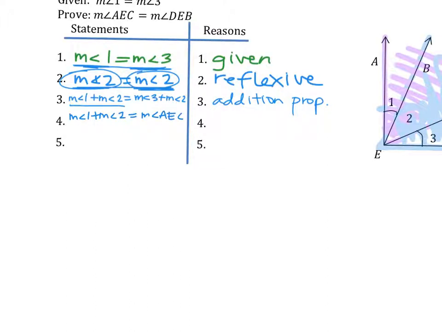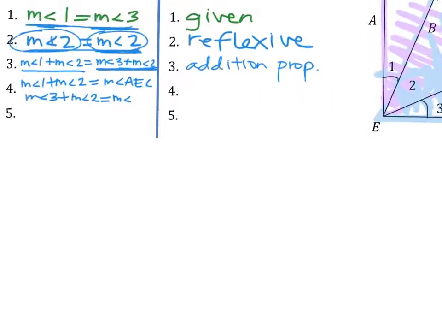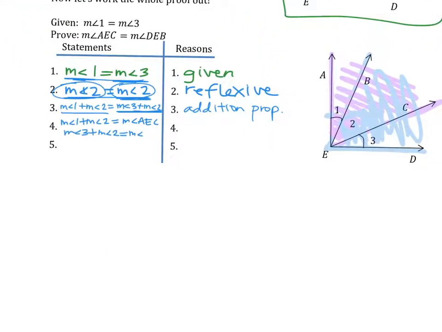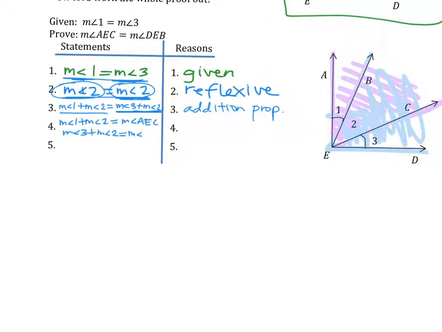And then the second part, the measure of angle 3 plus the measure of angle 2 is what angle? Sorry, you can't really see it on here. That would be BED, or the way they named it is DEB, so I'm just going to stick with that so I don't confuse you later.